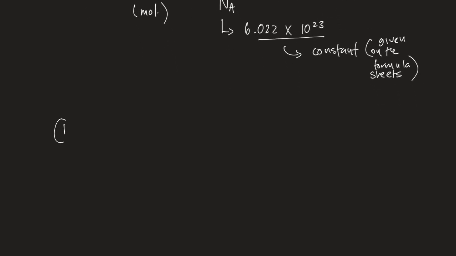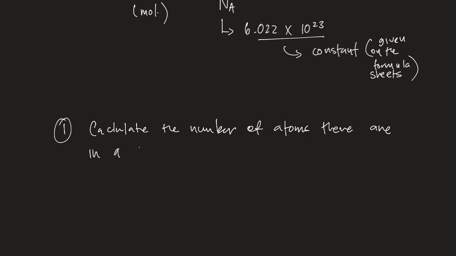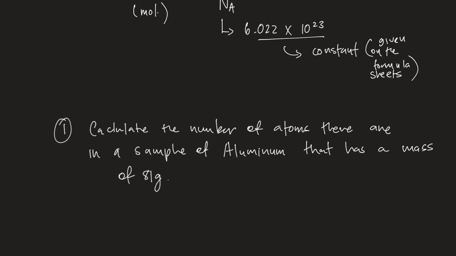Okay, so the first example they could give you, they could say calculate the number of atoms there are in a sample of aluminium that has a mass of 81 grams.